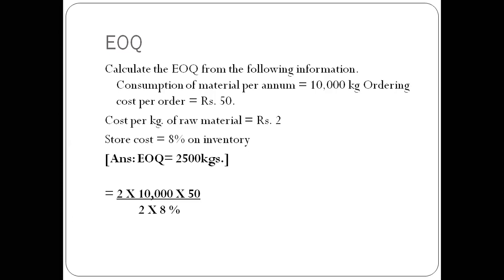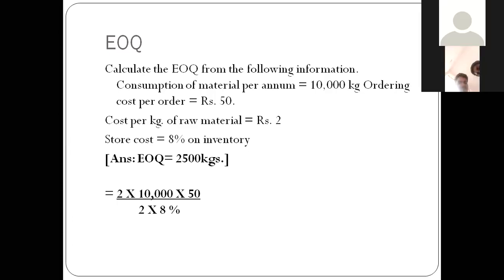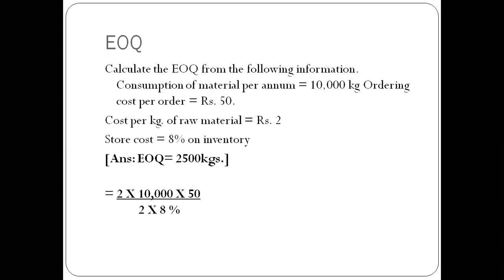The formula is root of 2 into A into B divided by C into S. The annual requirement is 10,000 kilograms. So 2 into 10,000. Now you may be confused about where to put 50 and where to put 2.